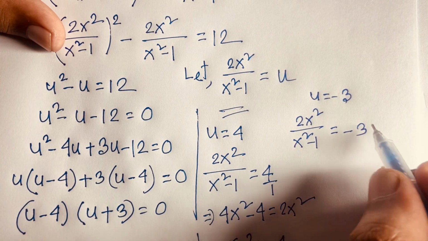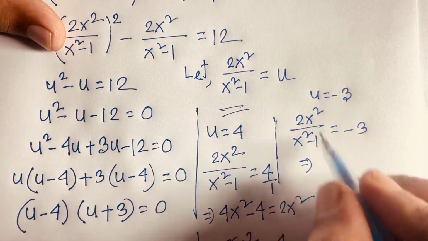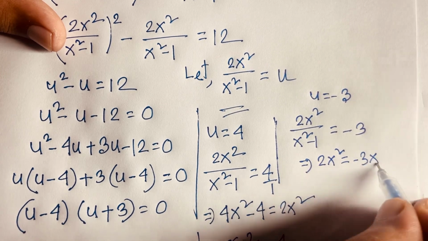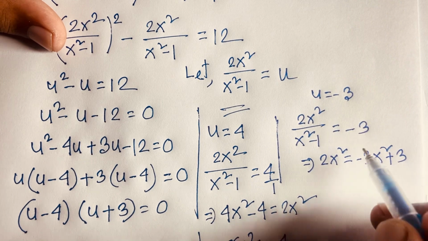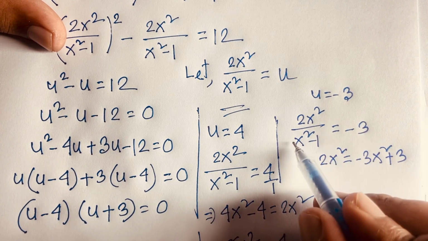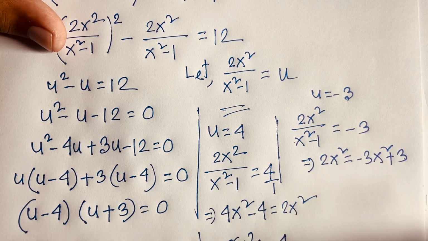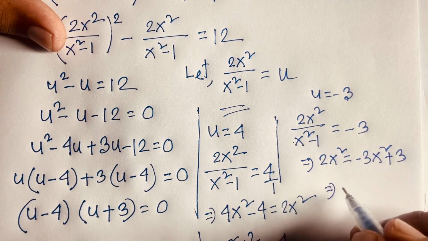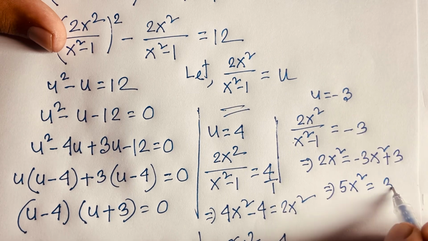Then if I multiply both values, I can see 2x² = −3x² + 3. Because of that, 2x² − (−3x²) gives 5x² = 3.